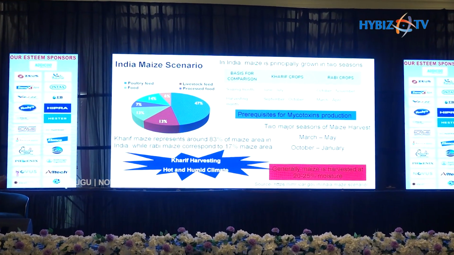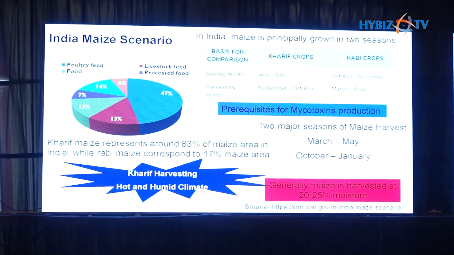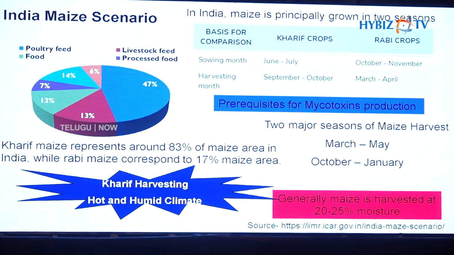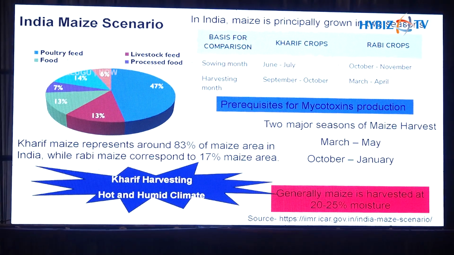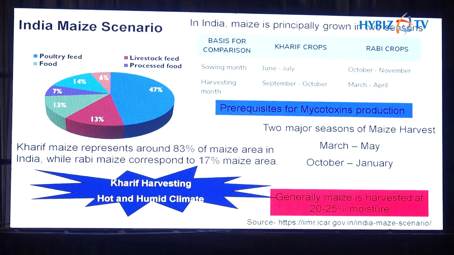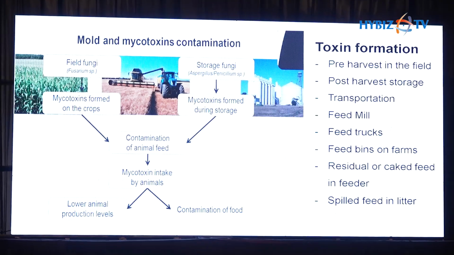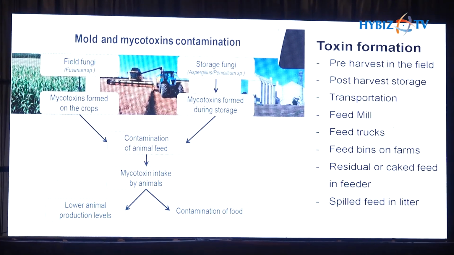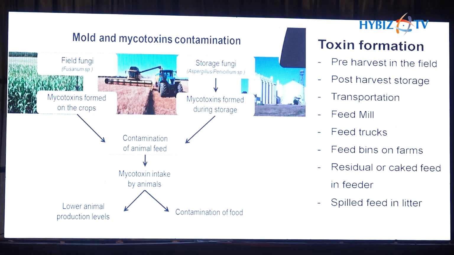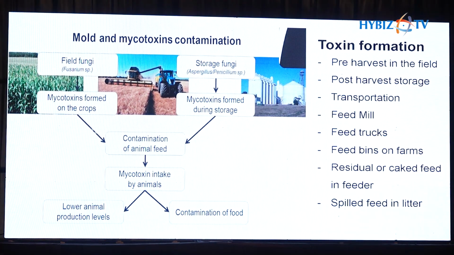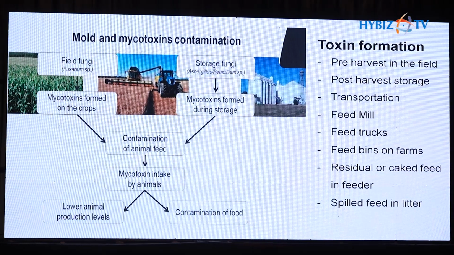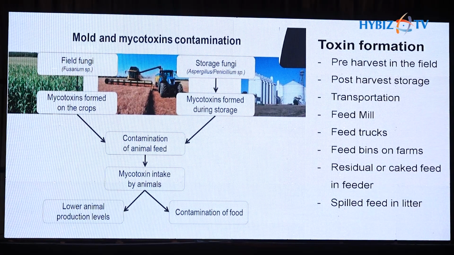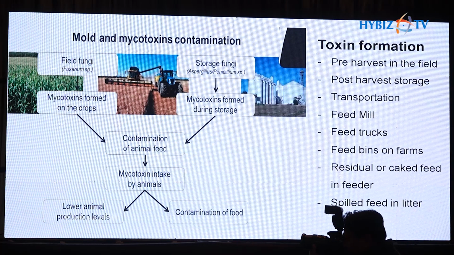At that time, mold infestation is particularly high, and you can get more toxin formation in badly harvested maize. Toxin can be formed pre-harvest in the field, in post-harvest storage, transportation, feed mills, feed bins or on farms, in residual or caked feed in feeders, and in spilled feed in litter.